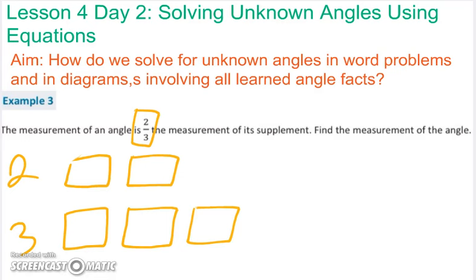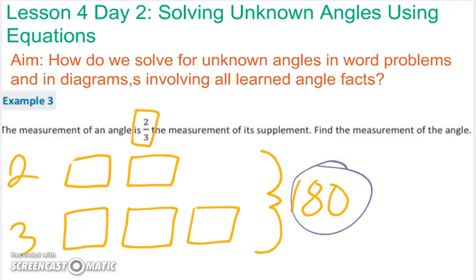We know we want it to equal 180. So in order to find out what each box here is worth, we can actually take our 180 and divide it by how many units there are. Well, there's 1, 2, 3, 4, 5. 5 different units.